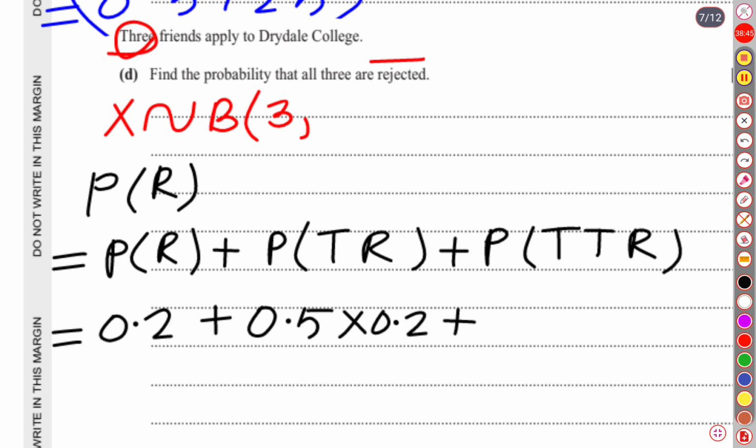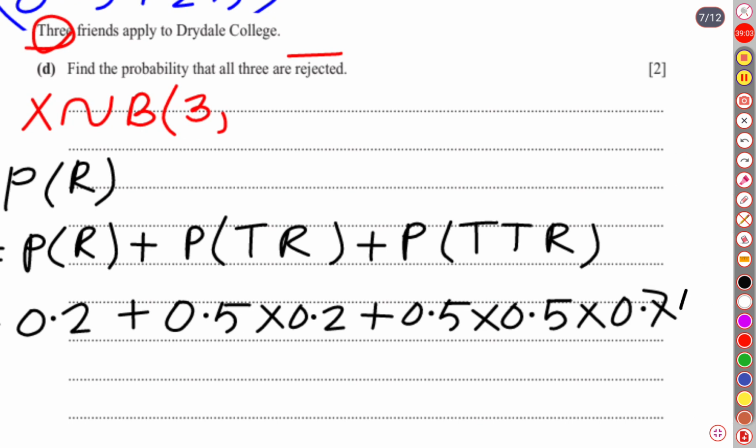And if he takes two chances, so 0.5 for first chance, and probability of second chance is also 0.5, then if he is rejected, the probability is 0.75.